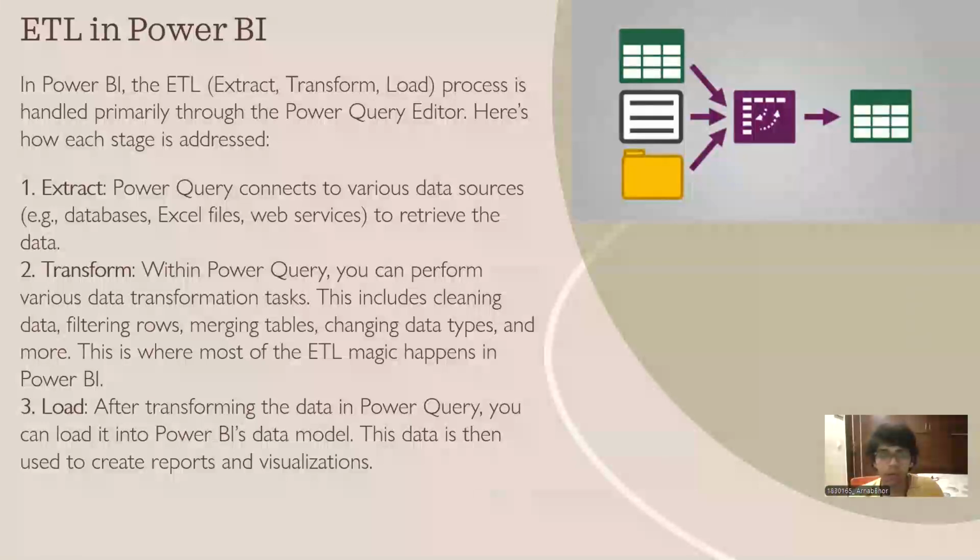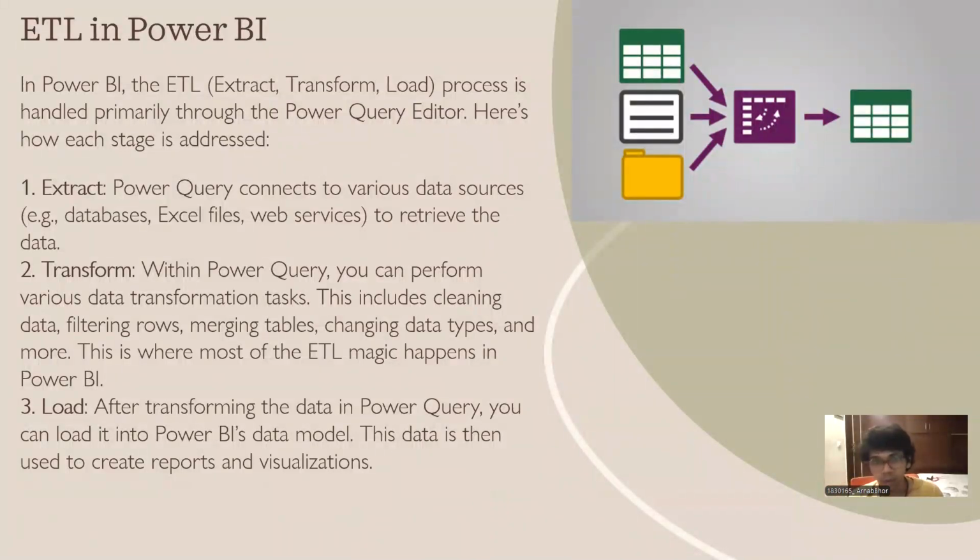So how is it done in Power BI? As I gave you a hint in the previous slide, we use Power Query for this. In Power BI, the ETL transformation happens through Power Query primarily, right? And here's how it's addressed. First, we extract the data through various connectors in Power Query. The data sources can be anything, databases, Excel files, web services, and so on.